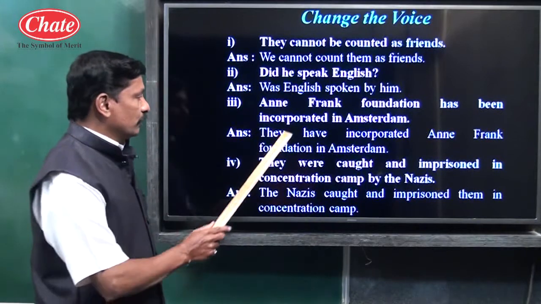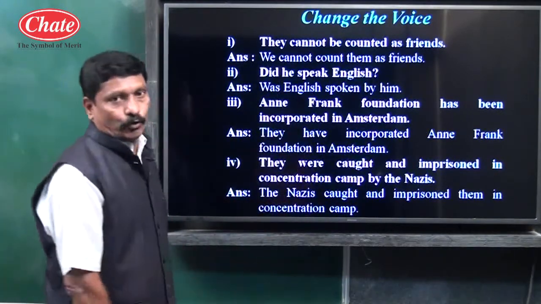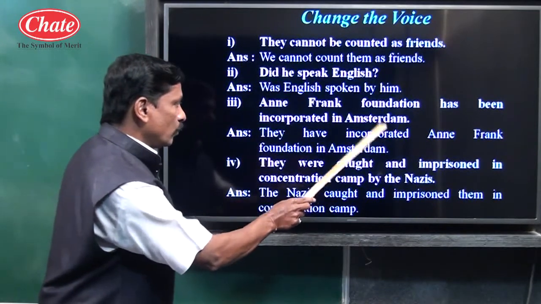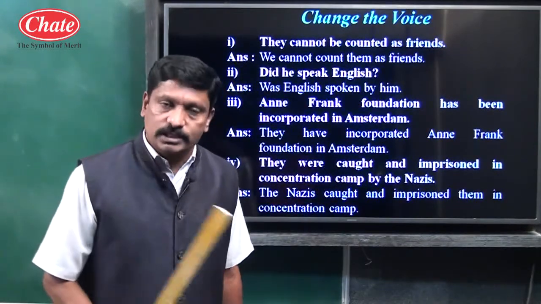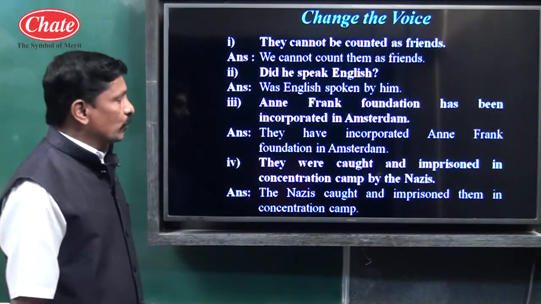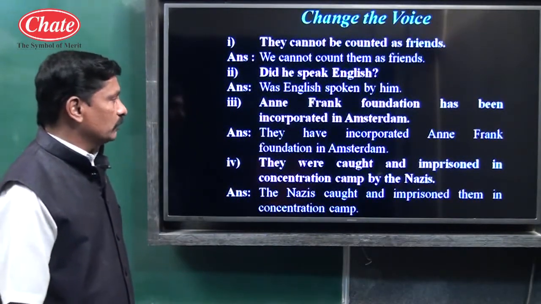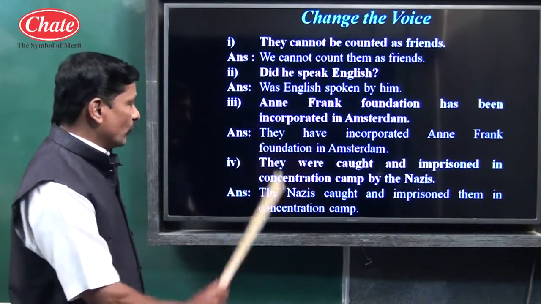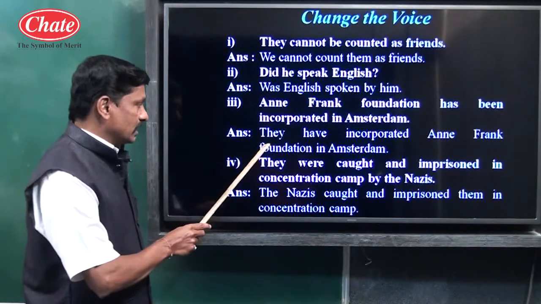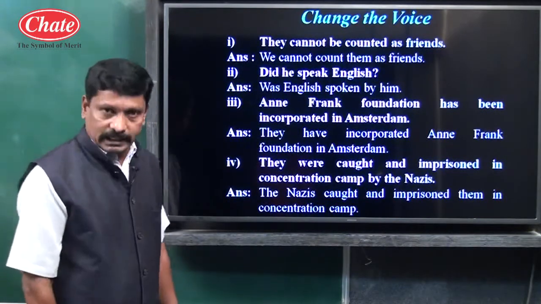So children, they have incorporated. See, subject, have plus third form of verb; this is the structure of present perfect tense. They have incorporated. What have they incorporated? Anne Frank Foundation in Amsterdam. So this is the passive structure and its answer is in active voice.